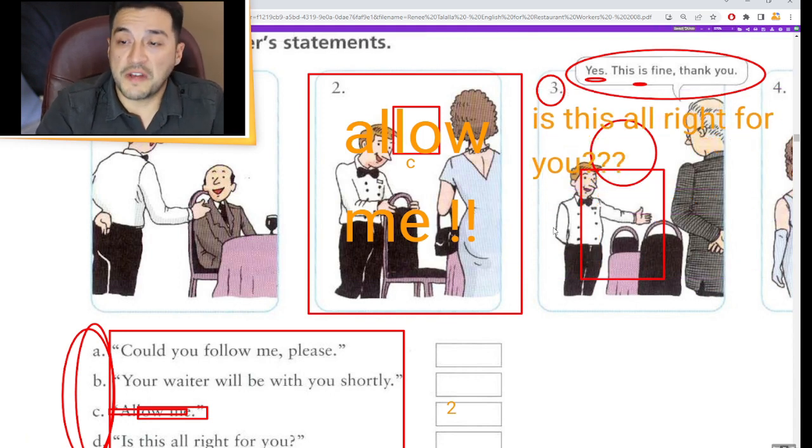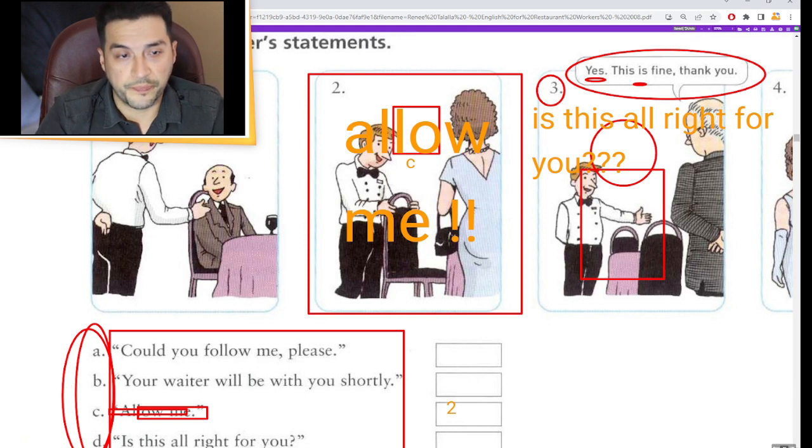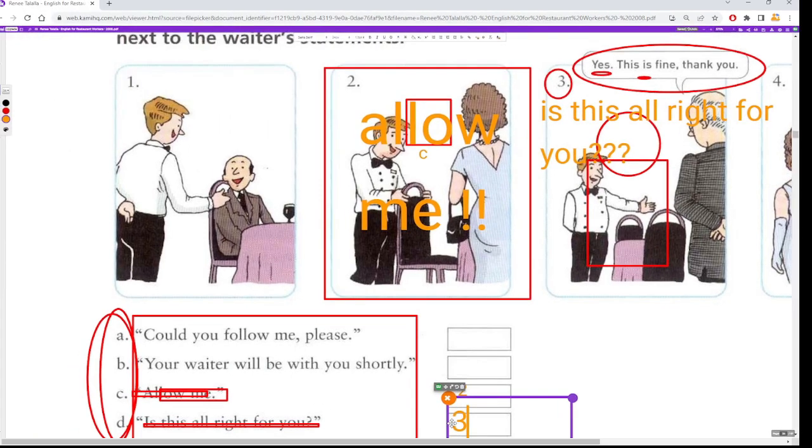Yes, this is fine. Thank you. Good job. We got that. Letter D. So letter D, we can put a number 3 right here. Excellent. Now, we have 2 more phrases.